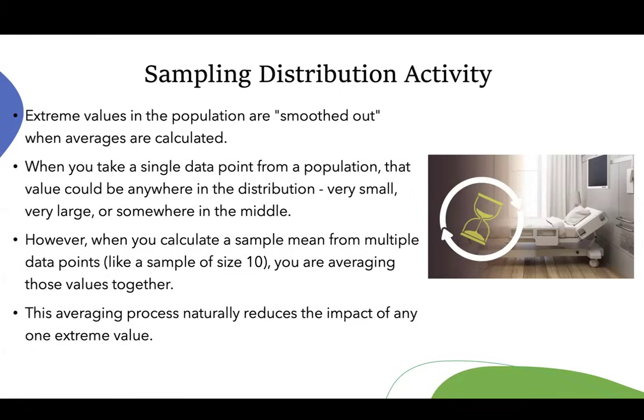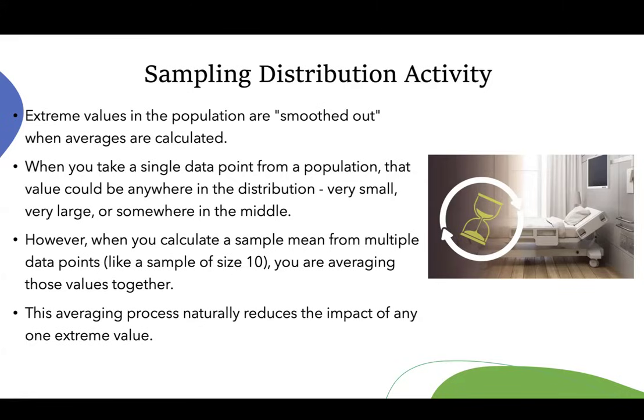When you have a very high value in a set of 10 numbers, it's kind of smoothed out that high value. You'll never get an average as high as the highest value because it's incorporated with the other values, which bring it down. So that's the result of averaging. Same thing with thinking about a very low value.